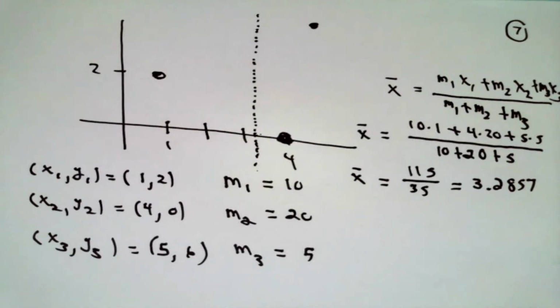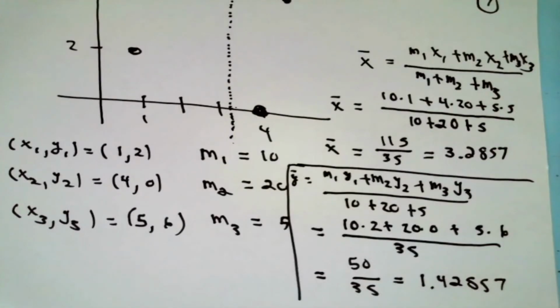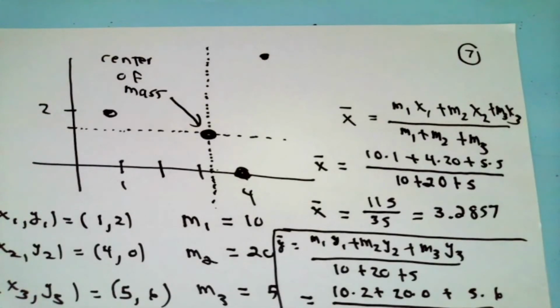If I figure out what the y-coordinate of the center of mass is, I'll know exactly where it is. The y-coordinate works out to be just a little bit bigger than 1.4. I'll draw that in on my picture as well. Having found both the x-coordinate and the y-coordinate of the center of mass, that completely locates that point. I've drawn it in, written center of mass, and drawn an arrow at it.